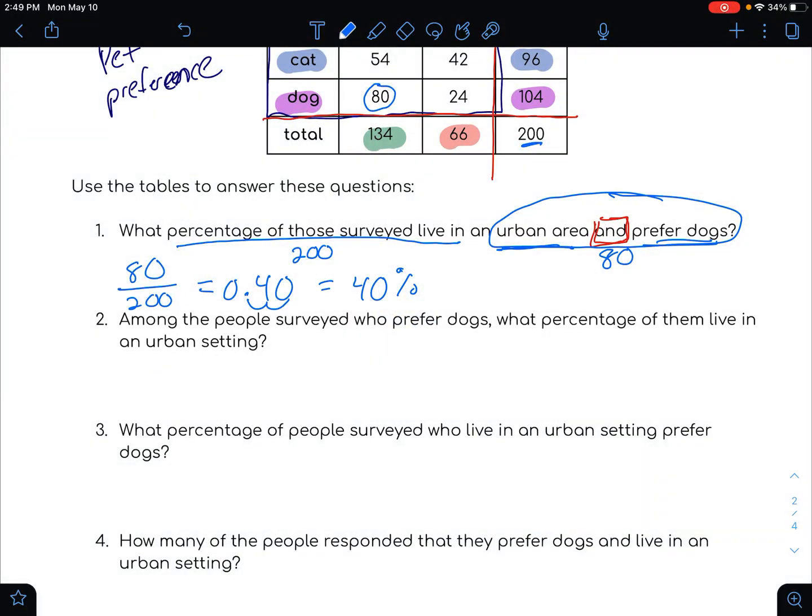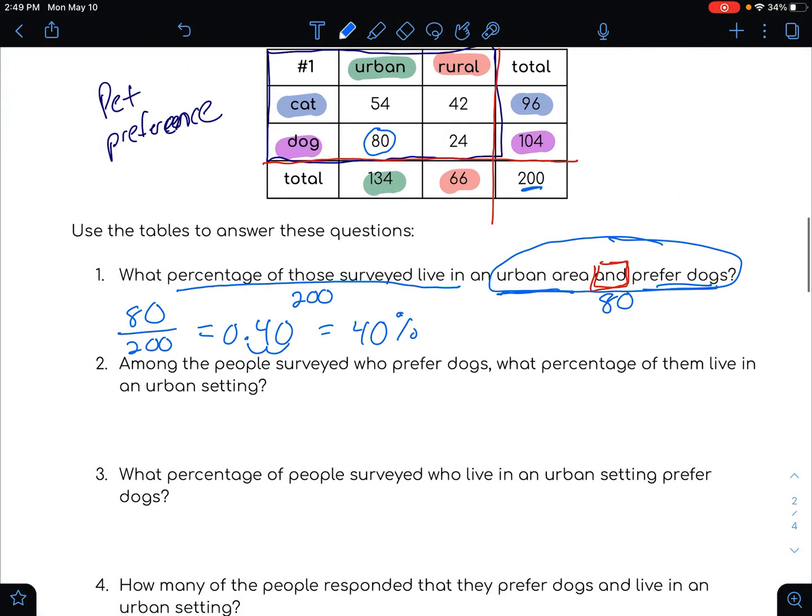Okay. All right, let's take a look at the next one. Among the people surveyed who prefer dogs, so I'm going to underline that. People surveyed who prefer dogs, that's where we're taking it from. What's the percentage of them that live in an urban setting? So that's the second part. We're taking it from the part that we underlined: people surveyed who prefer dogs.